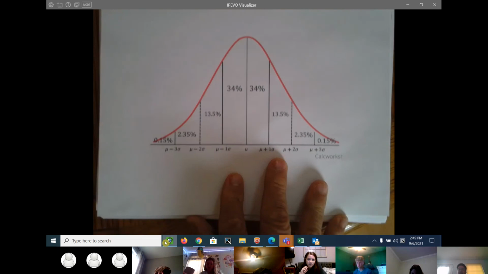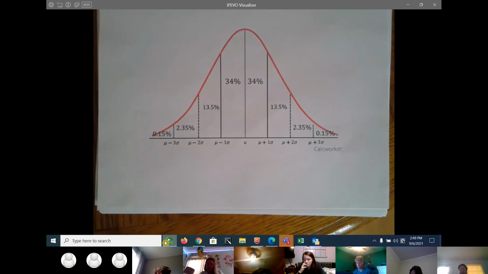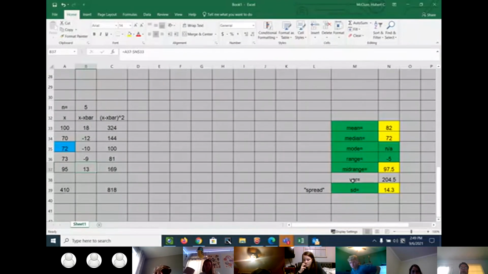And you put your mean in the middle. That last problem we did, let me find it. Where is the Excel spreadsheet? The mean is 82 and the standard deviation is 14.